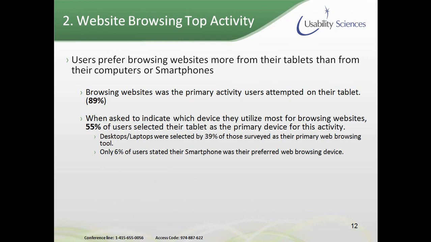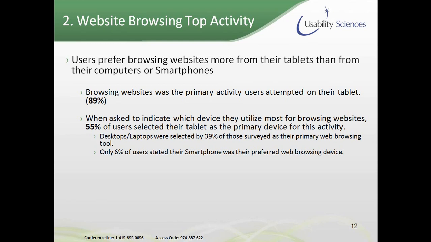The second thing we were able to extract from the data was that website browsing was a top activity across tablet owners on their tablets. Browsing websites was a primary activity for 89% of our participants when utilizing their tablet. When asked to indicate which device they utilize most for browsing websites, 55% stated that they actually use their tablets most across all of their devices.